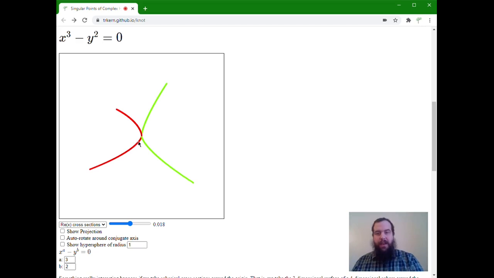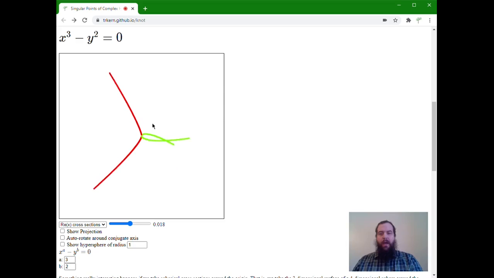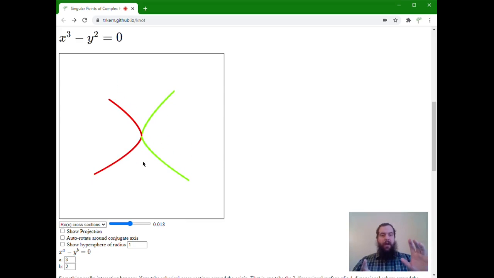And at this point the real part of x is equal to 0, the imaginary part of x is equal to 0, and the coordinates of y are also both equal to 0. So this is the origin in our four-dimensional complex space.